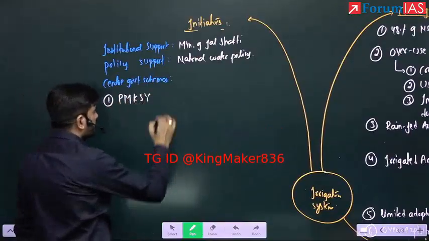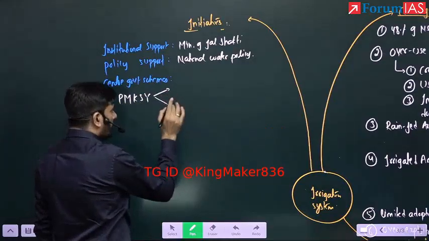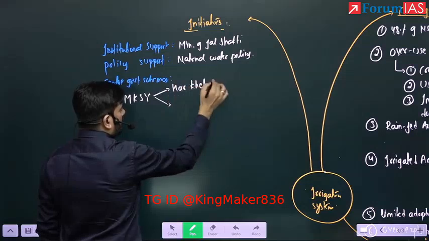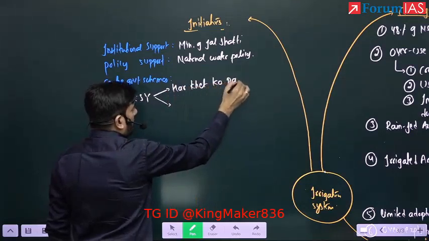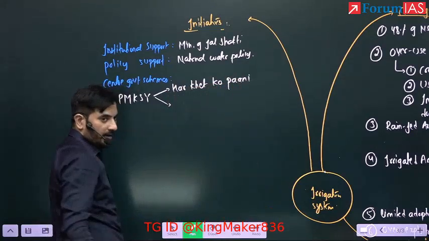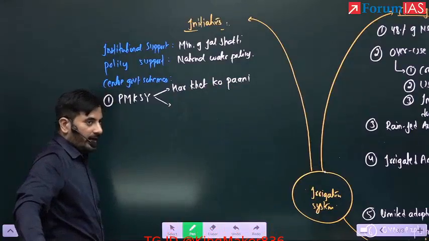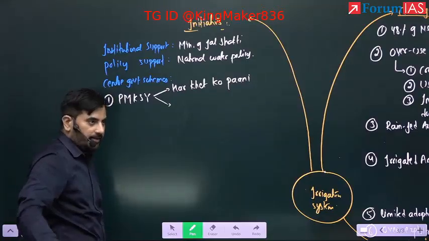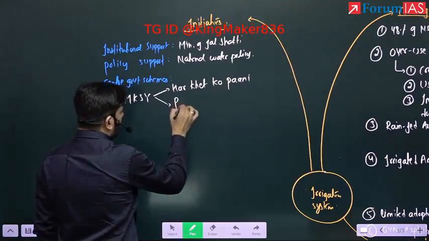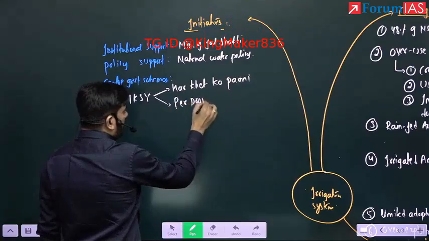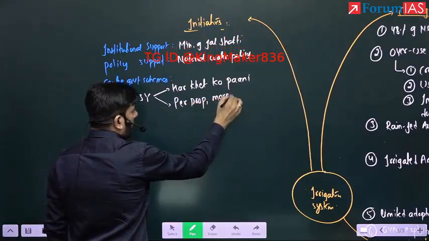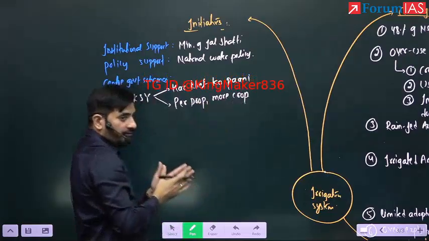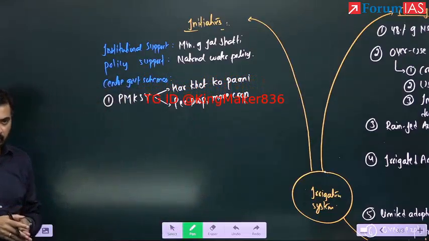This scheme has basically two components. हर खेत को पानी, ensuring that every agricultural field gets water. And the second one is per drop more crop. As the name suggests, per drop more crop is for adoption of micro irrigation.